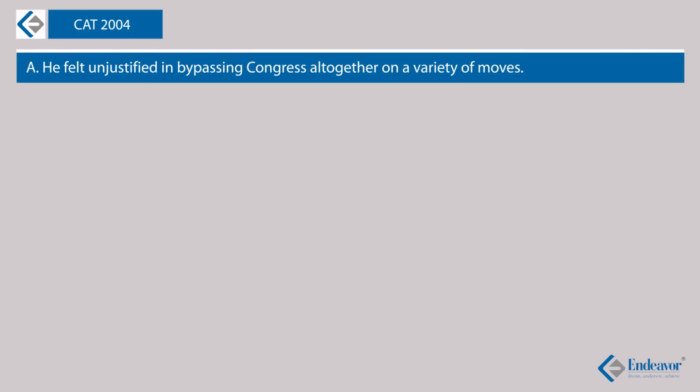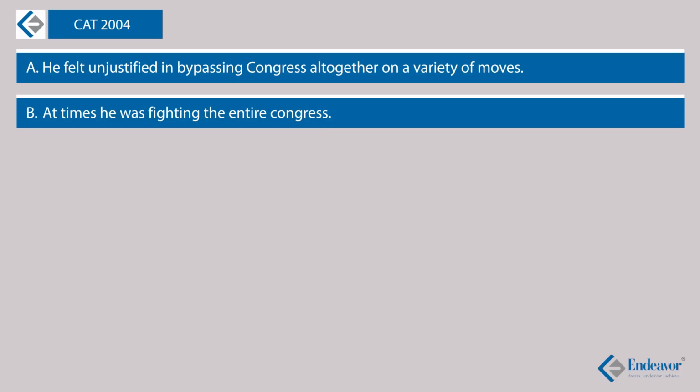This is a question from CAT 2004. Sentence A. He felt unjustified in bypassing Congress altogether on a variety of moves. Sentence B. At times he was fighting the entire Congress.